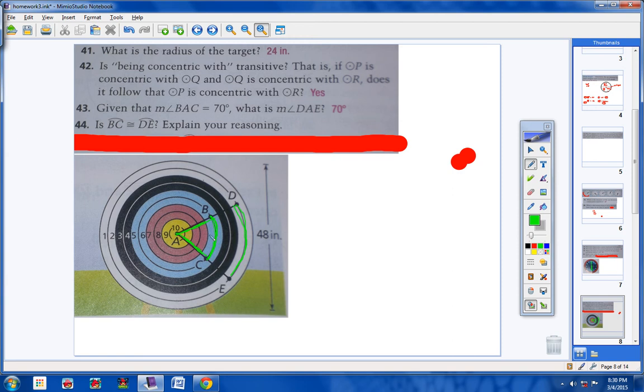And if I asked you for the measurement of arc DE, you would also have to say it's 70 degrees. So both arcs are 70 degrees, but are they congruent? No, and I can prove it to you. We had a theorem that said, are you ready?